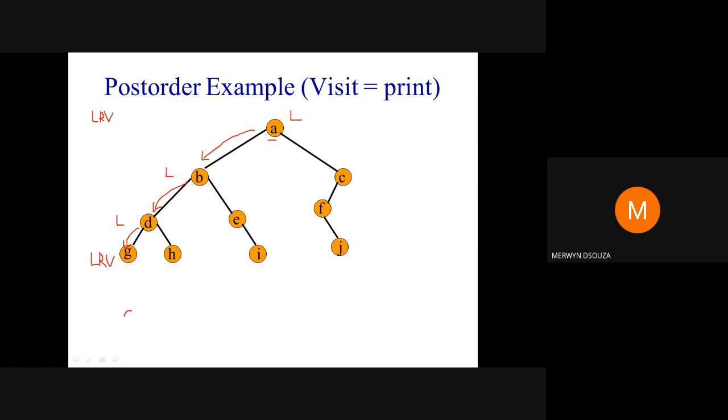When you say visit, put it in the output. All the steps are done. Okay, so go back up. What steps are remaining here? Right subtree. Okay, so write down right subtree and go to the right. New node, so start from the first step again. Try to go left, cannot go left.